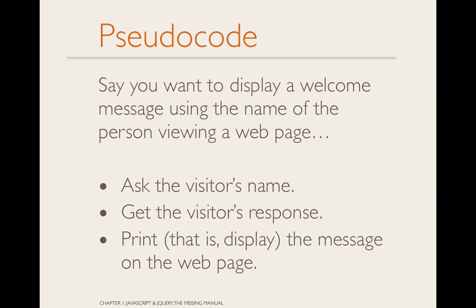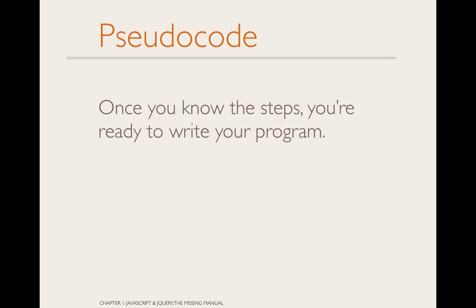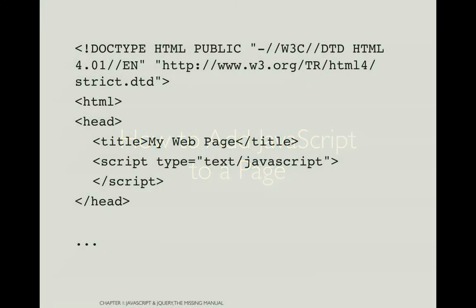By week 3, we'll be doing pseudocode regularly, but for right now, we've got to concentrate on those nouns and verbs. Now, once you know the steps, you're ready to write the program, you're ready to use those nouns and verbs. So let's look at how you would add these pieces of JavaScript to a web page.